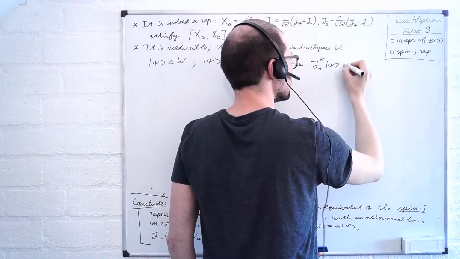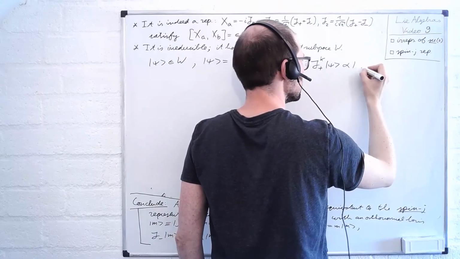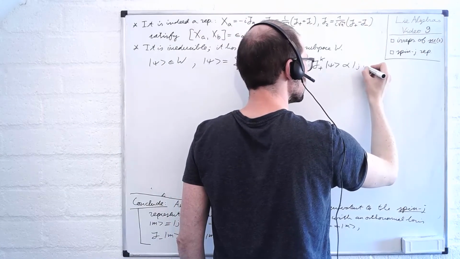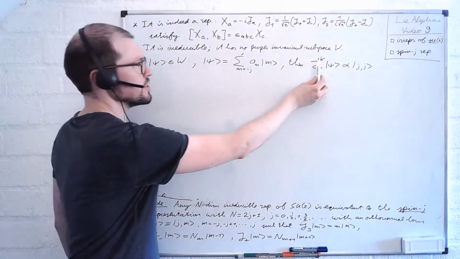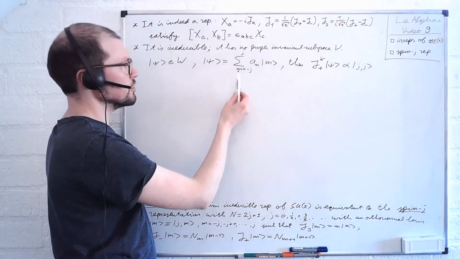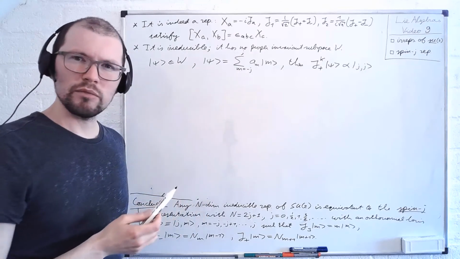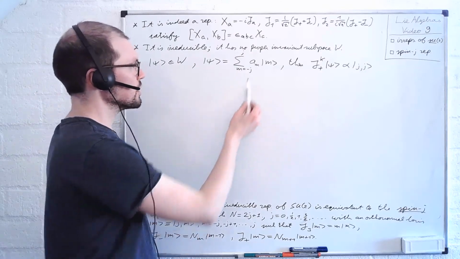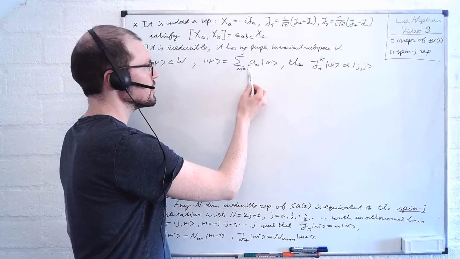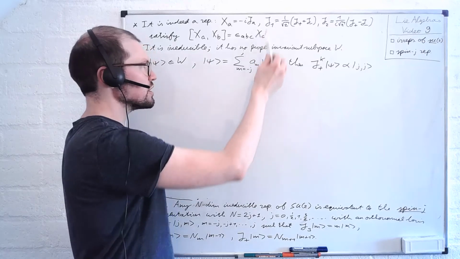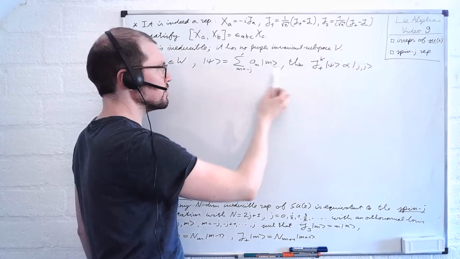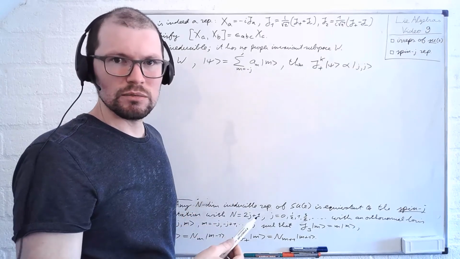So this is going to be proportional to the highest weight state if I take k equal to 2j, because all other coefficients of, say, m plus 1, m plus 2, etc., are going to be killed before the very last one is killed.